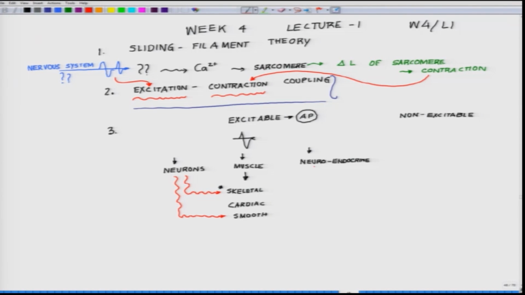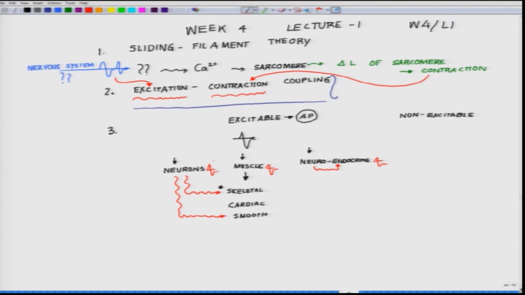And of course, here is already a link out here like this. So, that means if these are excitable cells, then these also generate their own action potentials along with the neurons.